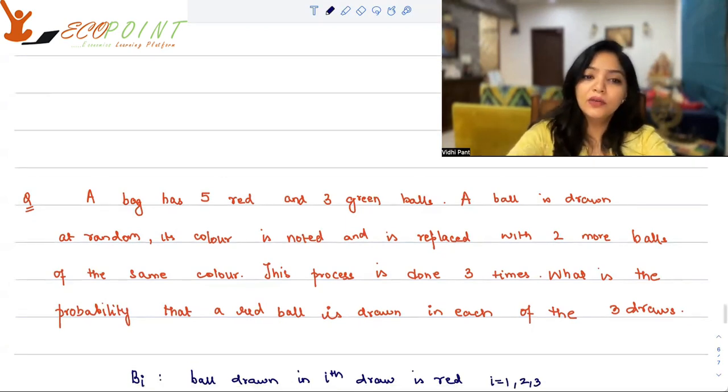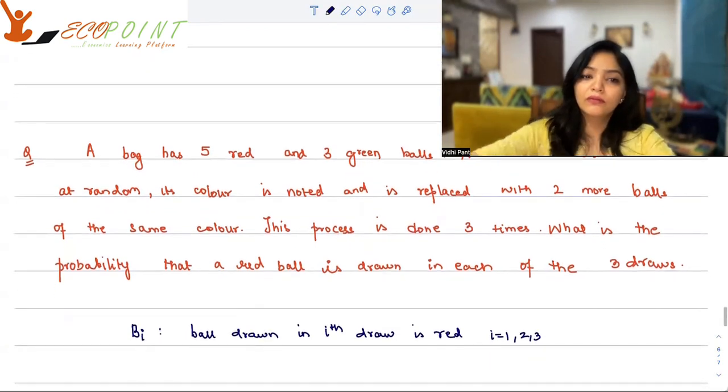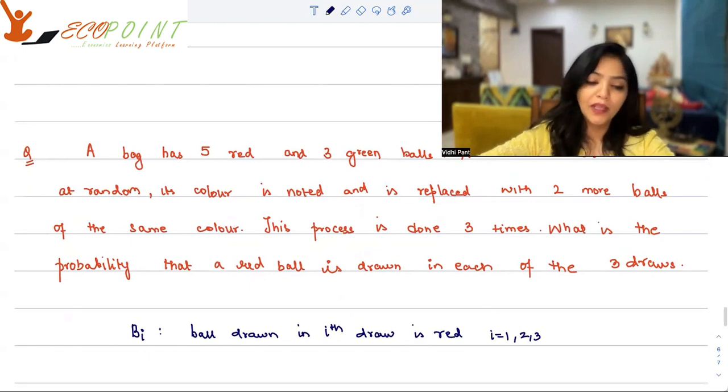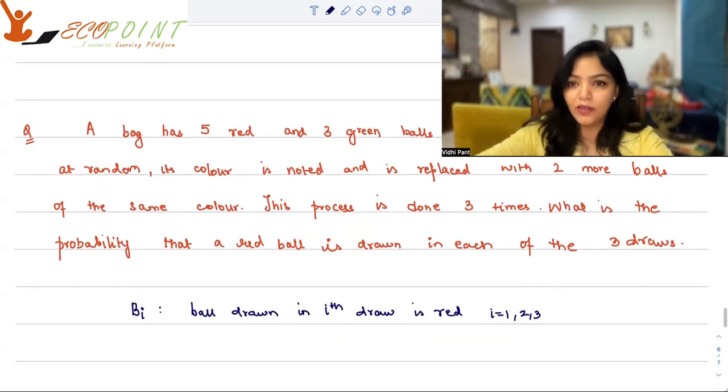Let's call Bi the event that the ball drawn in the ith draw is red. B1 means the ball drawn in the first draw is red, B2 means the ball drawn in the second draw is red, B3 means the ball drawn in the third draw is red. Of course, there are 3 draws, so i goes from 1 to 3.